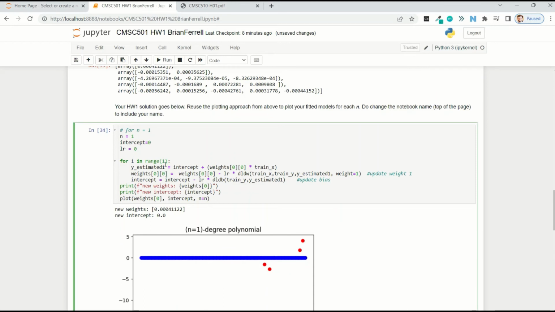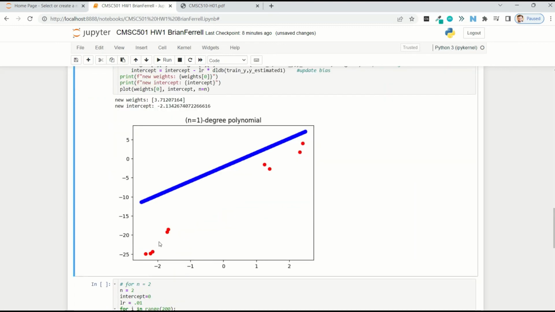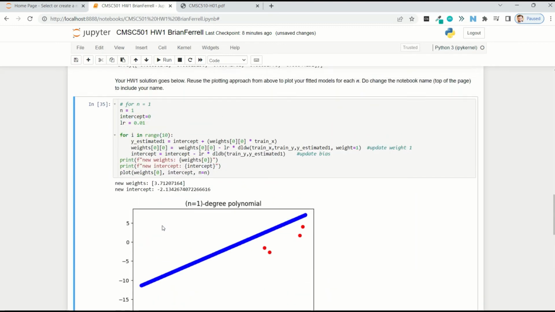But what happens if I change our learning rate to a number like that and do it 10 times? All right, that's obviously better. It's getting closer and closer to fitting our data.